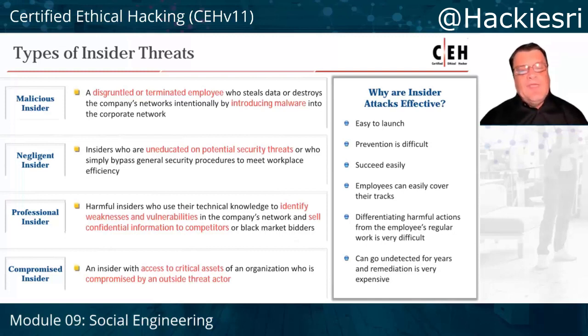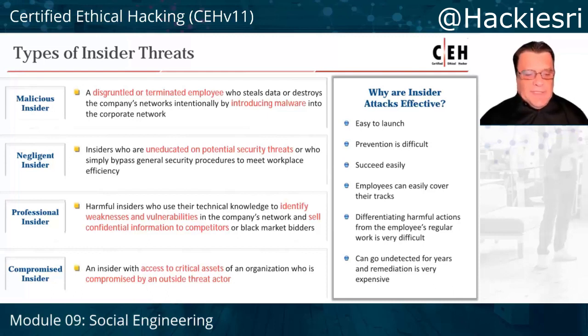As we keep saying, the higher degree of security, typically the greater the degree of what? The inconvenience. Professional insiders are harmful insiders who use their technical knowledge to identify weaknesses and vulnerabilities in the company's network and sell confidential information to competitors or black market bidders on the darknet.